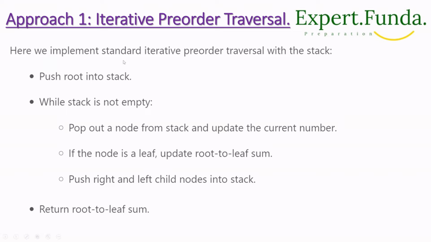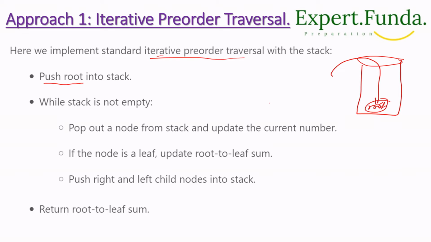So if we talk about the iterative pre-order traversal, how will we do the implementation? We'll use a stack. First of all, we'll push the root onto the stack. Let's suppose this is a stack, this is open, so first we push the root here.